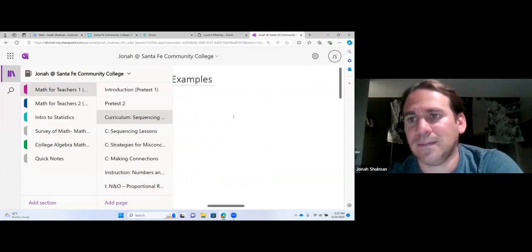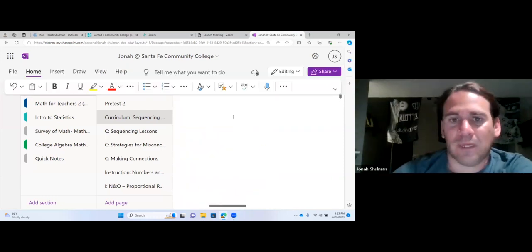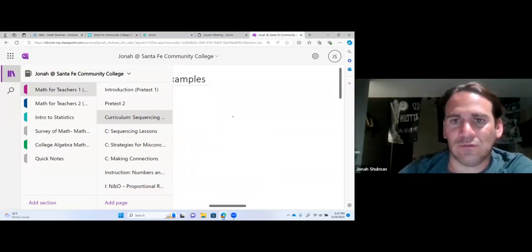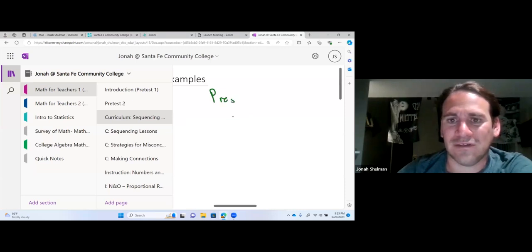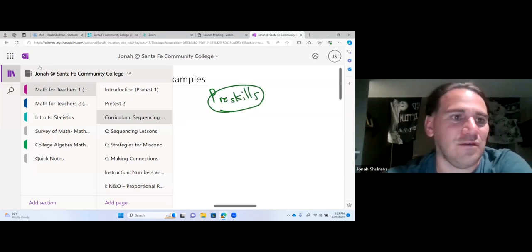So when you're making examples, when we're sequencing examples, the best thing you should do is start with some free skills. Build off what the students already know, okay?